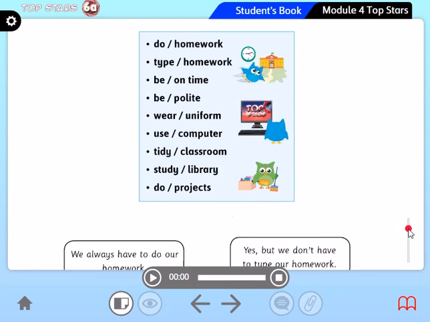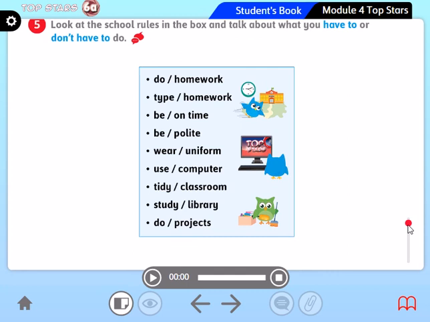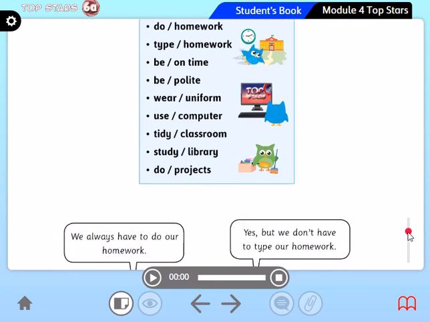Yes, let's read the prompts here. We have do homework, type homework, be on time, be polite, wear uniform, use computer, tidy classroom, study library, do project. Let's add the example here.